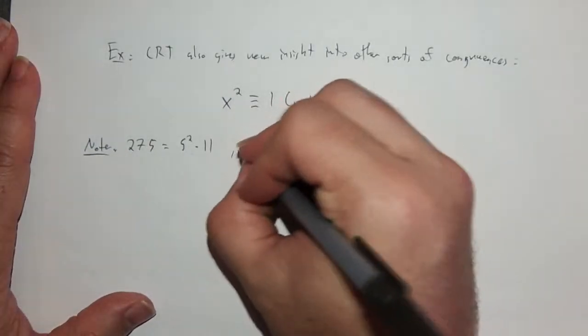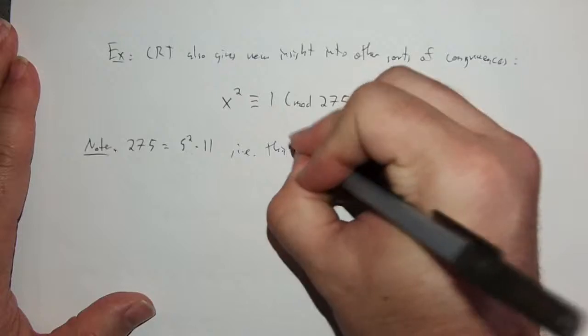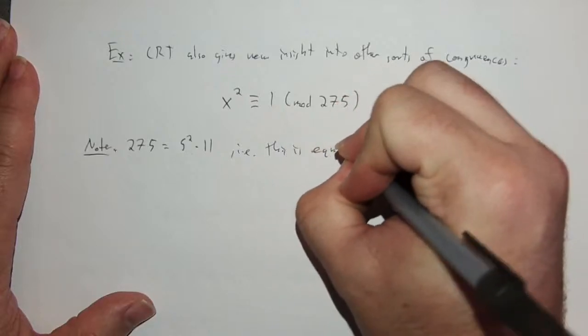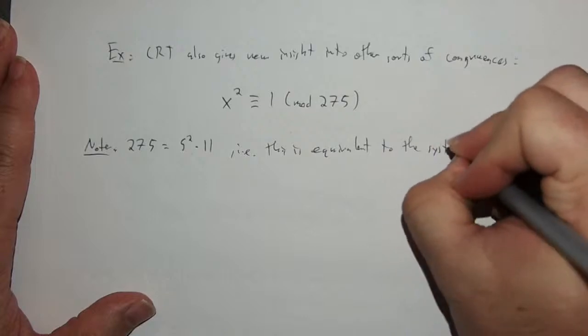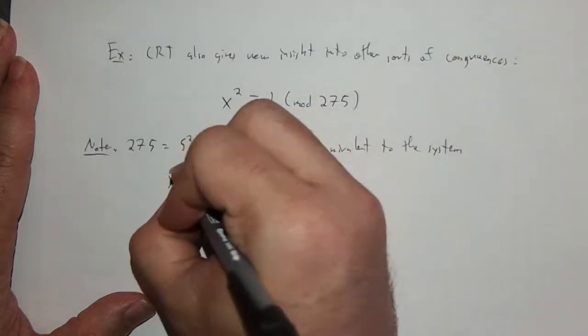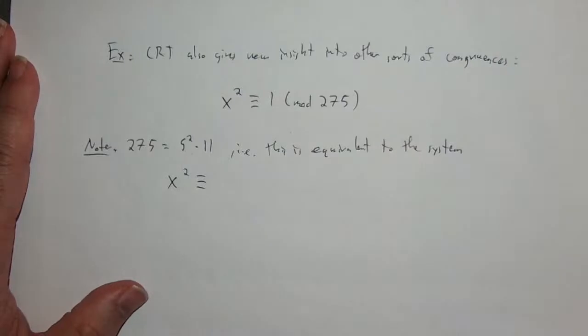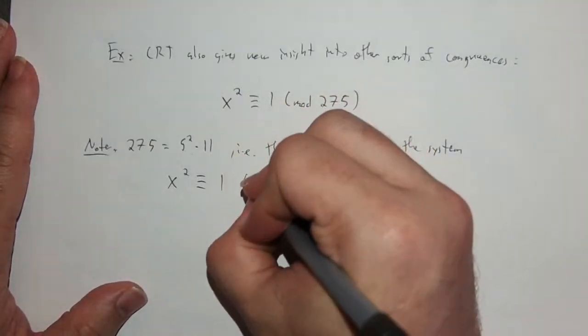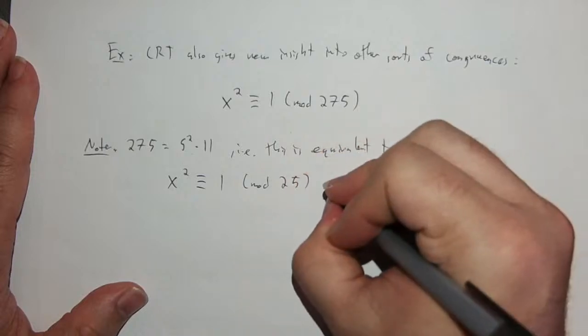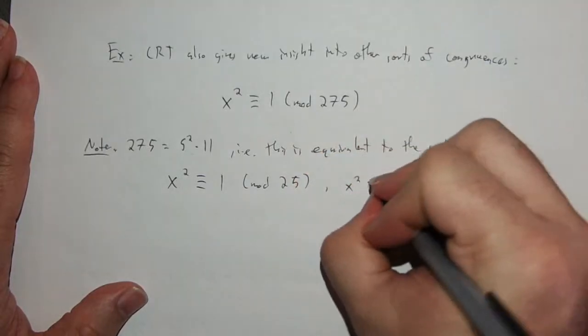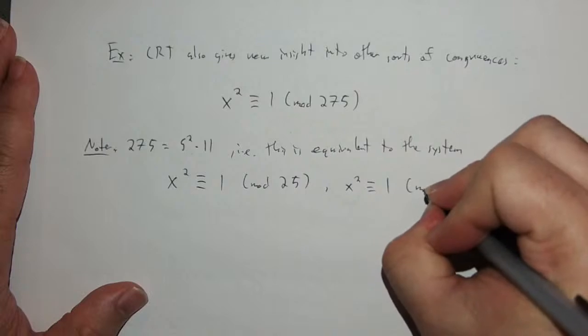So this is equivalent to the system x squared is congruent to 1 mod 5 squared, which is 25, and x squared is congruent to 1 mod 11.